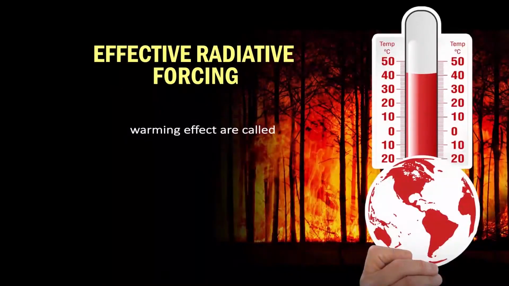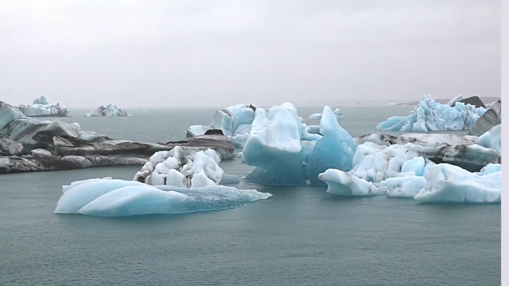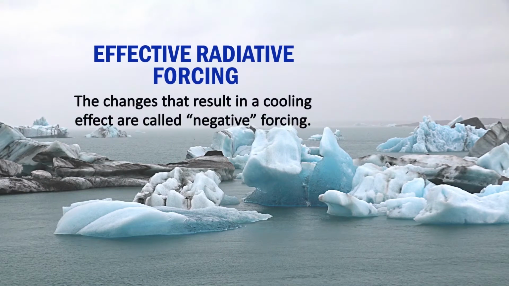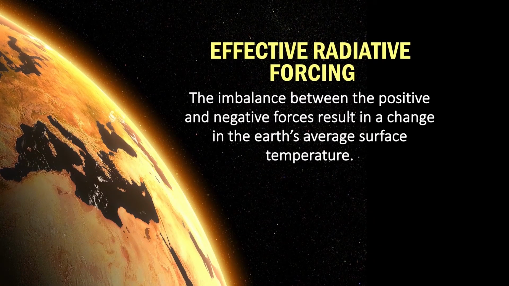As regards the forcing, the changes that cause a warming effect, we call a positive forcing. While the changes that result in a cooling effect, we call a negative forcing. So the imbalance between the positive and negative forcings results in changes in the Earth's average temperature.